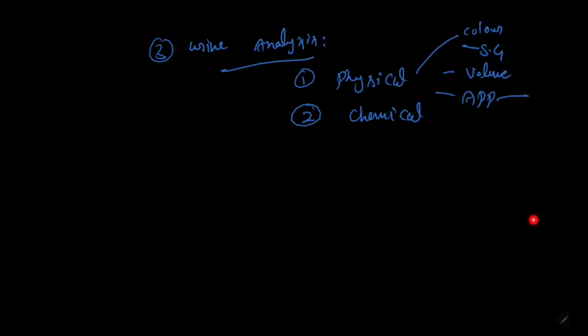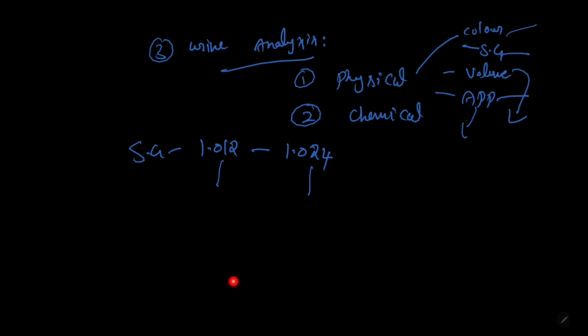Whether it is turbid or clear, what the color is, red or amber. Normal specific gravity is 1.010 to 1.024. You can just say 12 hours and 24 hours, so you can remember the specific gravity of urine. Then volume, whether it is decreased or increased. Then, as I told, appearance. All these are important when you are checking the physical characteristics of the urine.